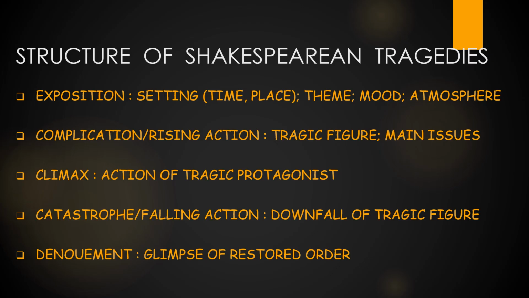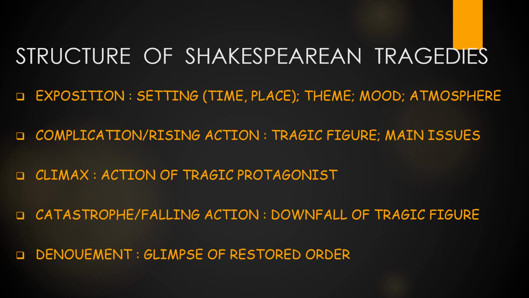Now we come to the structure of Shakespearean tragedies. Shakespearean tragedies are always divided into 5 acts. The first act deals with exposition, and I have written there what exposition means: we have the setting, which is the time and the place given.